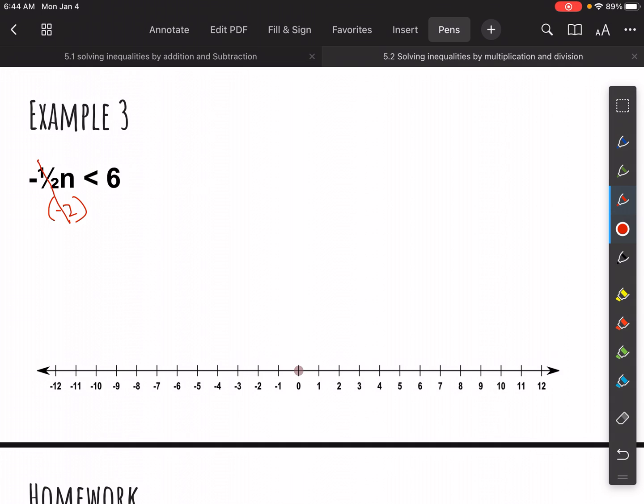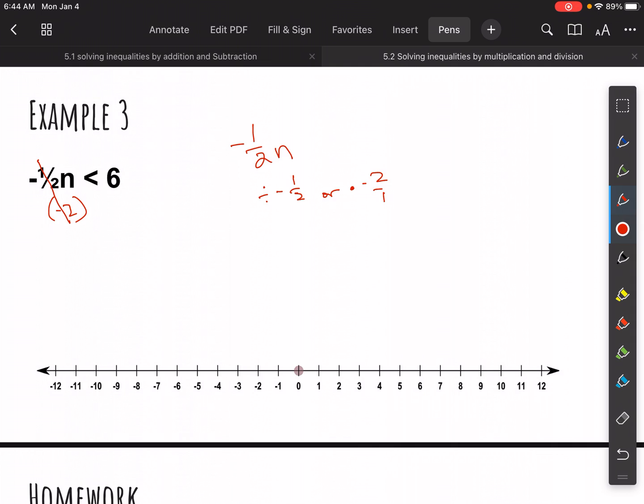Okay, the other way that you can think about that is right now you're multiplying -1/2 times n. So to undo that, you could divide both sides by -1/2, which is the same thing as multiplying by -2/1, which is what I did.